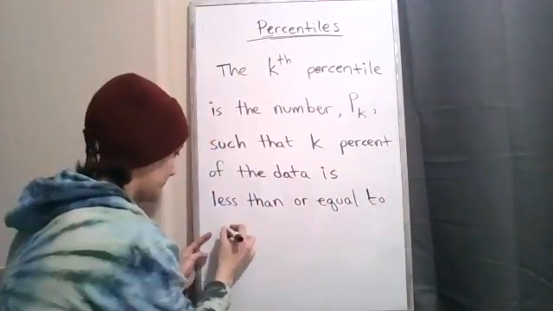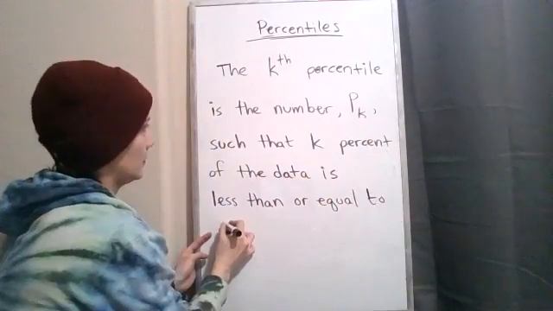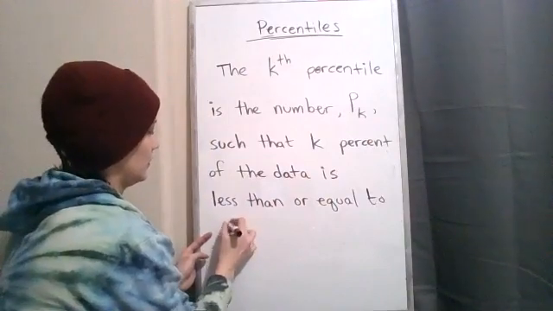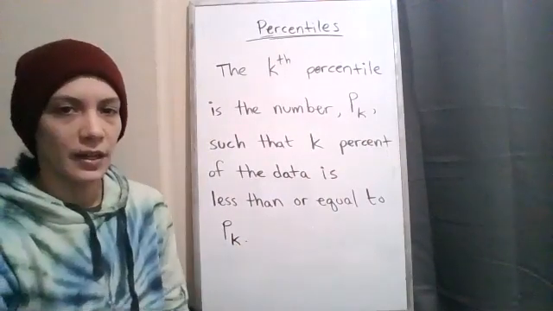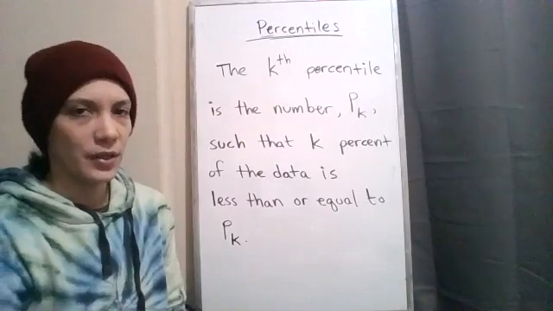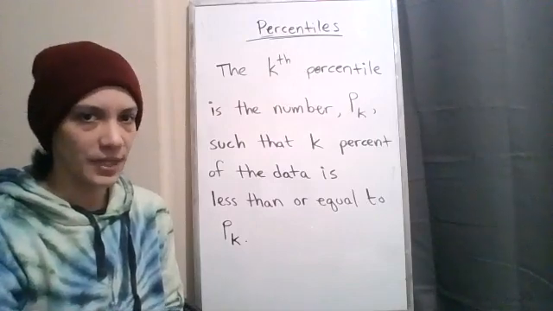So the 30th percentile would be p sub 30.